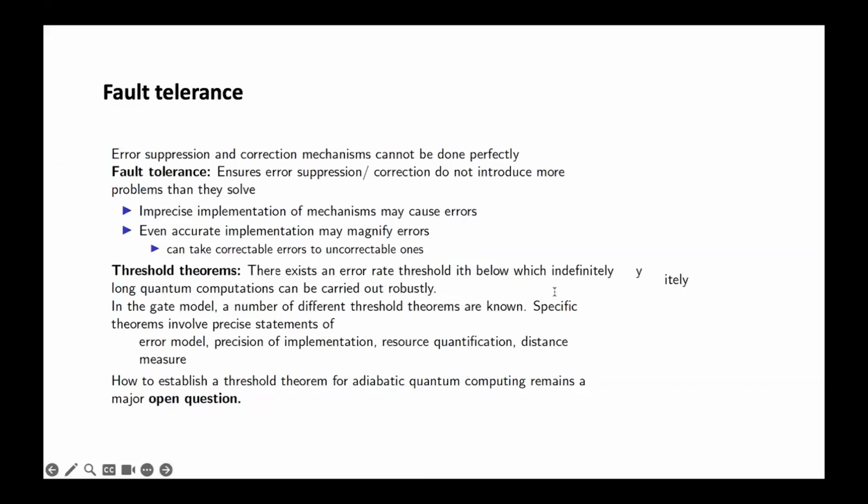One of the major open questions in the field is how to establish a threshold theorem for adiabatic quantum computing. This is one of the major open problems that is of great interest for mathematicians, actually.